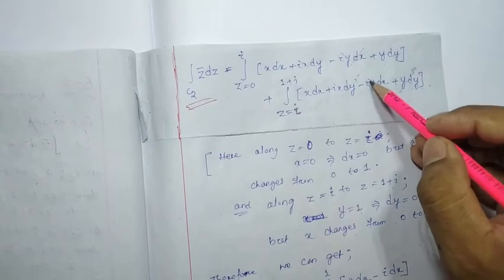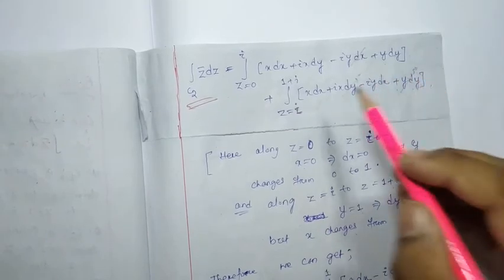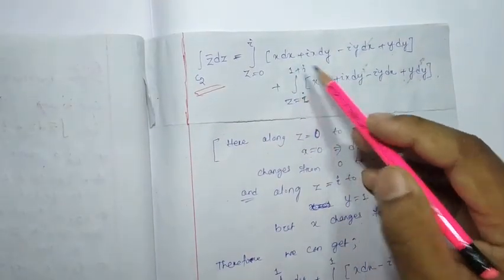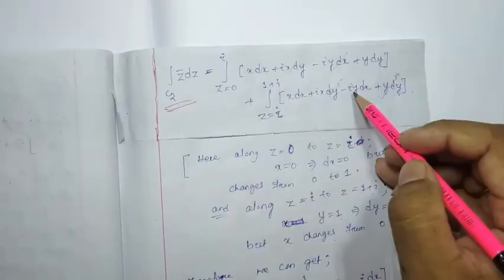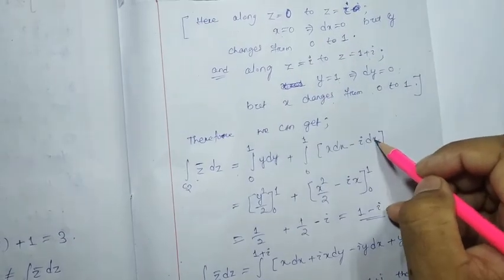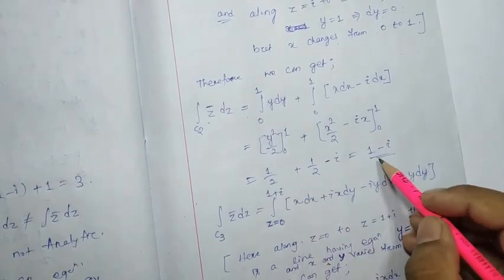And y value is 1, we put it over here, then we get integral 0 to 1, because along this path x changes from 0 to 1, of x dx minus i dx.